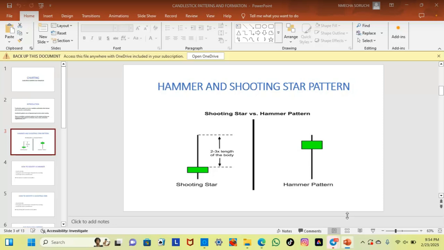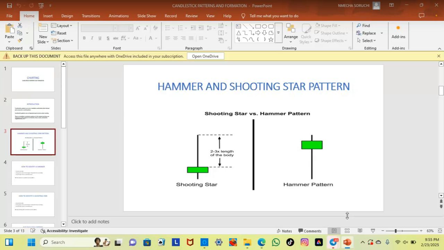If you look at the hammer pattern, which is on your right hand side, the body of the candle is at the top. Then the shooting star pattern, which is on your left hand side, has the body of the candle at the bottom. So this is the hammer and the shooting star pattern.